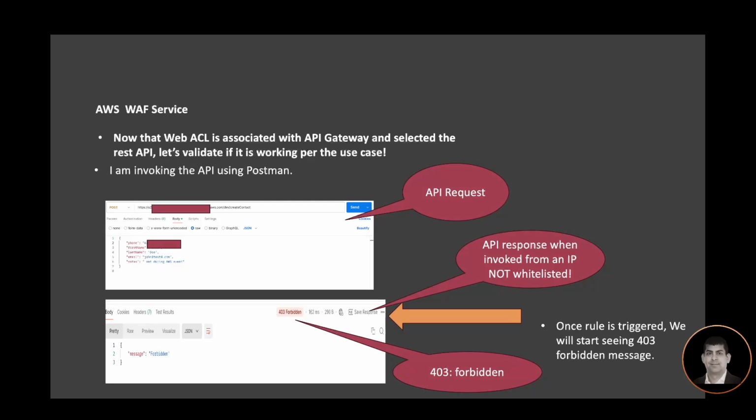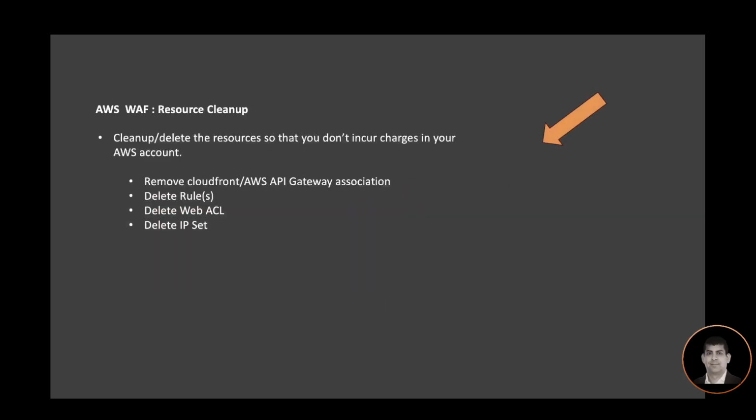And that's happening because of the WAF association that I have with this API. If I remove the WAF association, or if I use an IP that is actually in my IP set, then I will not see this 403 forbidden, rather I will see the response actually being returned from the API.